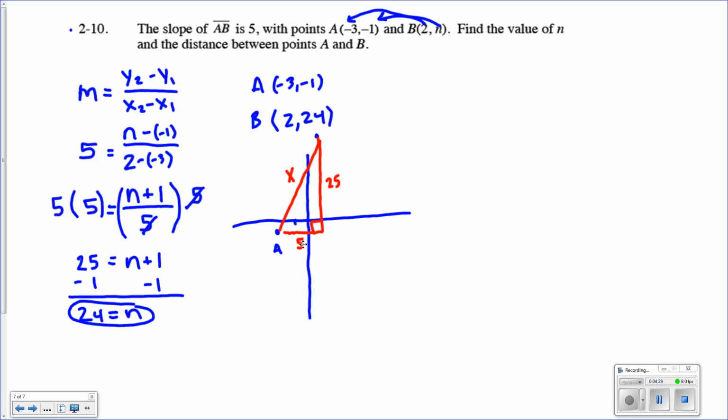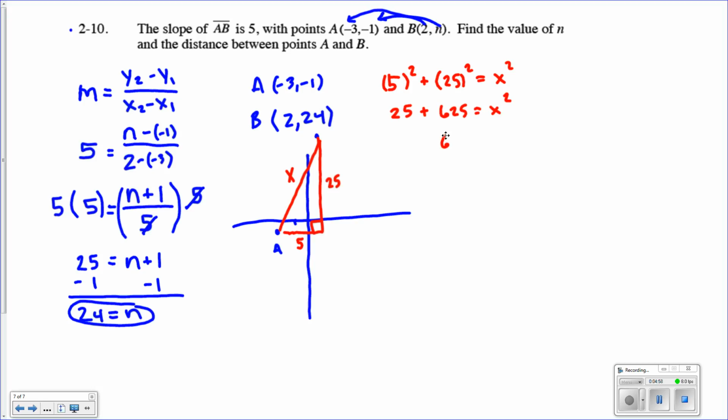So one option is to use the Pythagorean Theorem. We could say that 5 squared plus 25 squared should equal x squared, or c squared, because it is the hypotenuse. That's like saying 25 plus 625 equals x squared.